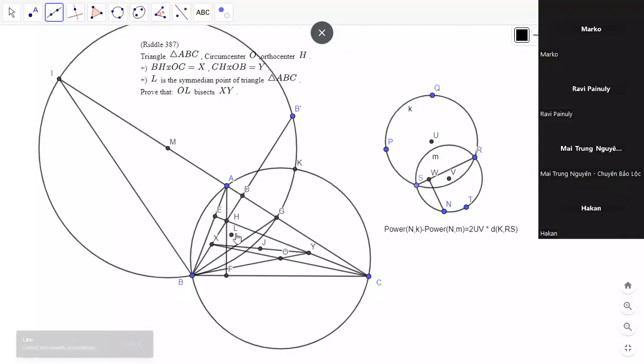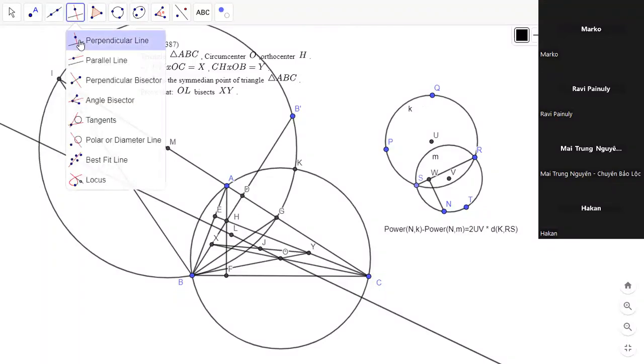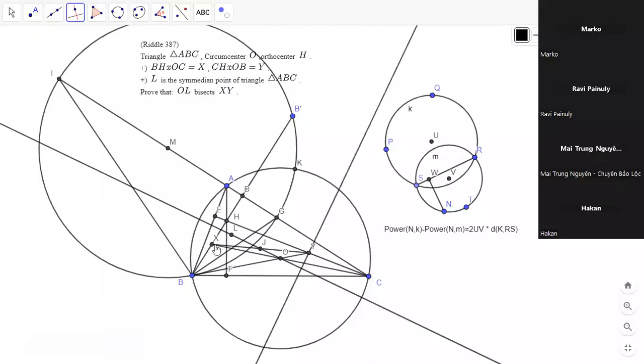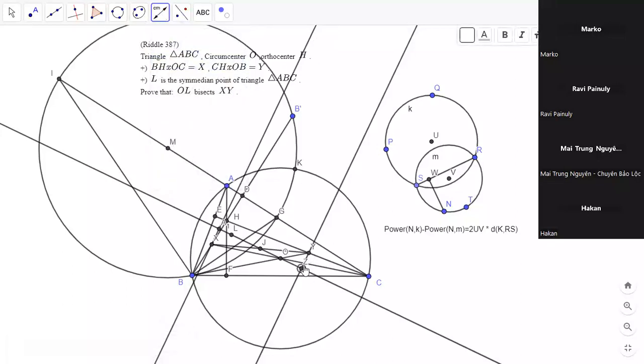Let's see. I'm going to check that, but I think what you're saying makes sense. So we're saying the distance YZ and the distance XA1 are the same.